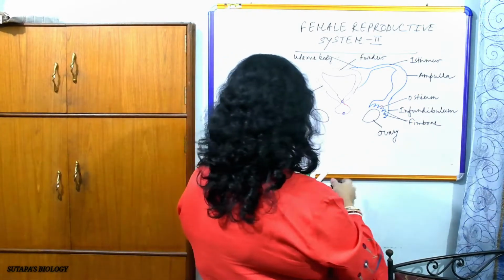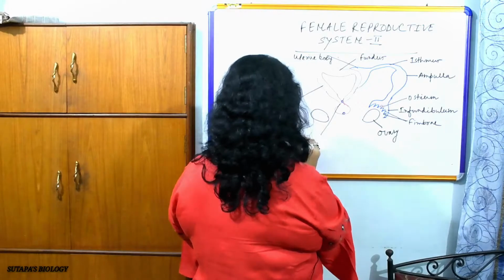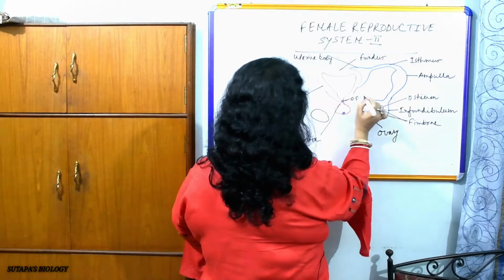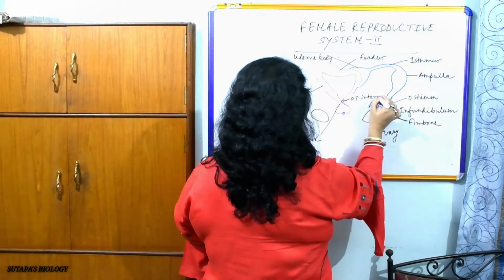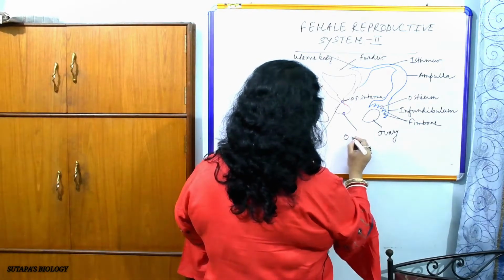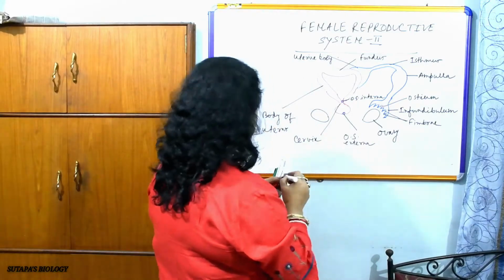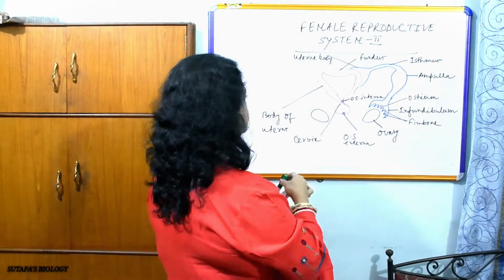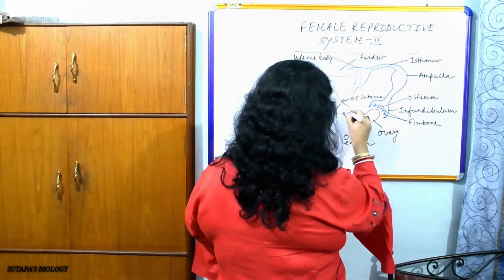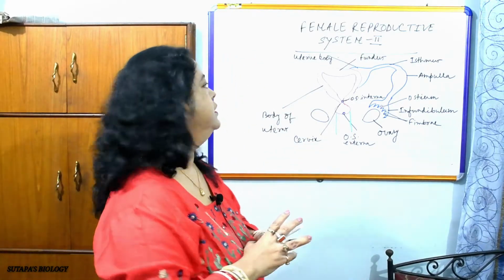Now this one is the cervix, which has os interna, and this is os externa. Os externa will connect the uterus with the vagina. So after this, there is a cylindrical muscular passage which is the copulatory chamber of the female. This is the vagina, and os interna and externa connect the uterus with the vagina.